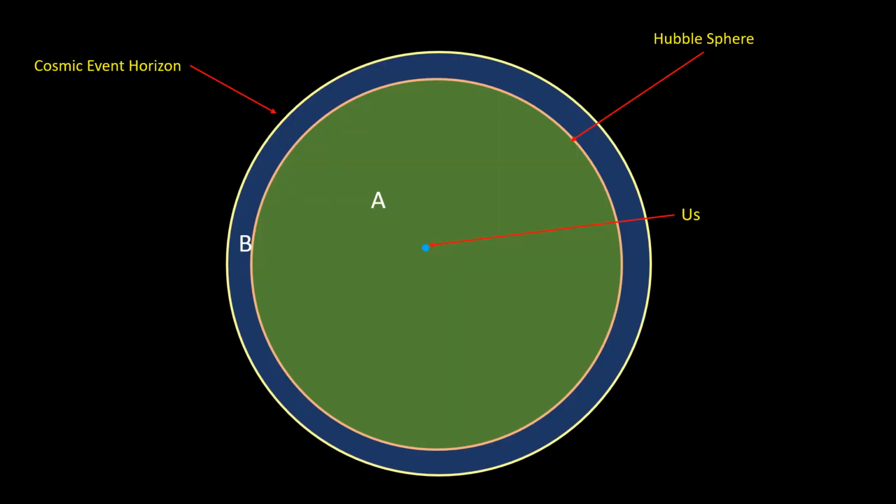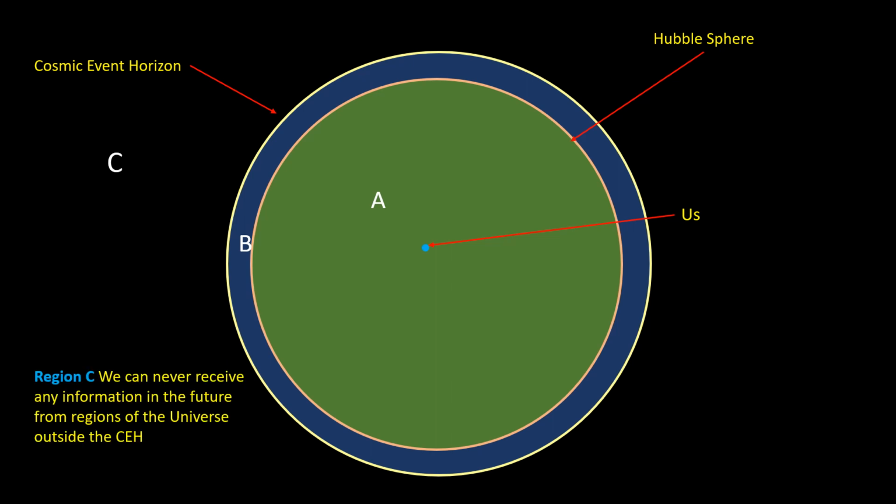So if we look at the picture, then any object within the Hubble sphere will be receding from us at less than the speed of light now. Objects which lie between the Hubble sphere and the cosmic event horizon are receding from us faster than the speed of light now, but eventually they will be receding from us at slightly slower than the speed of light, so at some point in the far future the light will reach us.